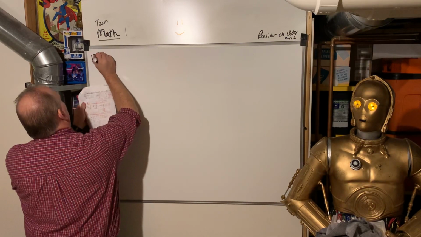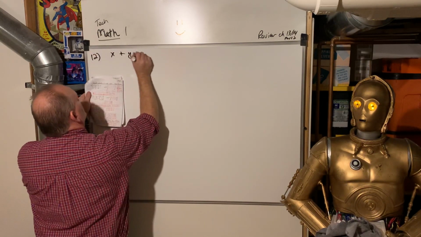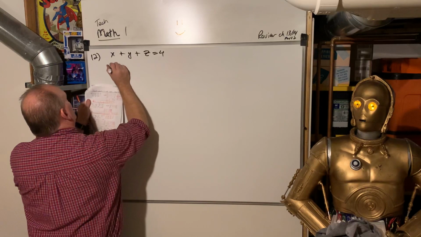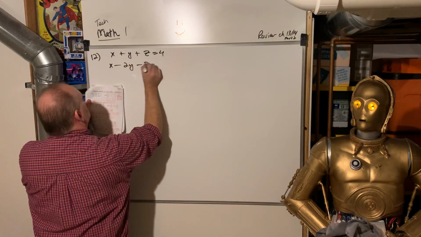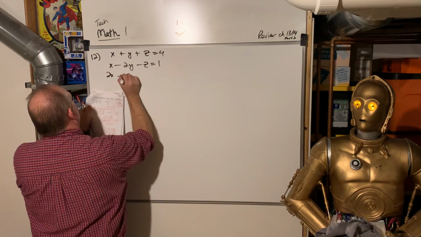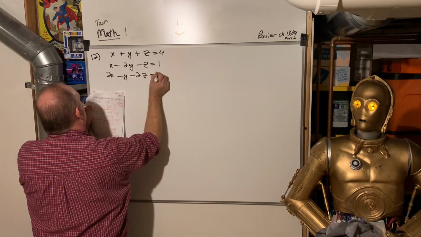So look at number 12. X plus Y plus Z equals 4. X minus 2Y minus Z equals 1. 2X minus Y minus 2Z equals -1.